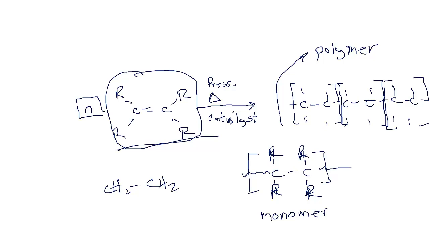So again, these are monomers. They've linked together. Now they're called a polymer. And we call this polyethylene. So this polymer here, poly, and this is the common name, ethylene.